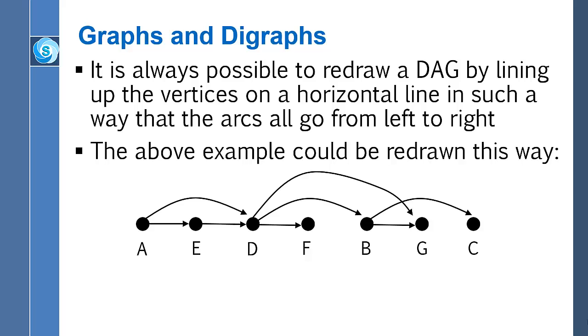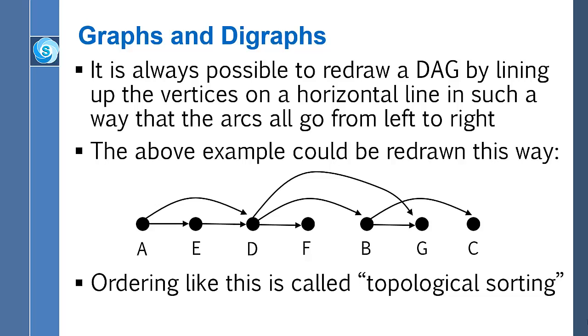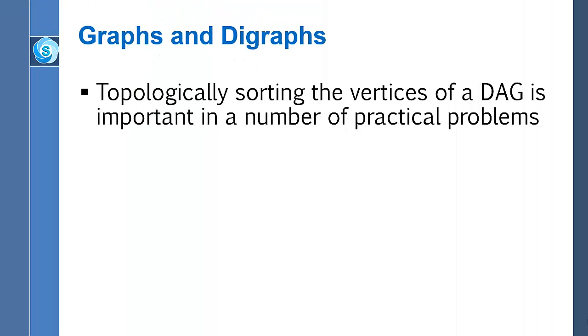As you notice, all of the arcs are now moving from left to right. When you've drawn the DAG in this way, it's said to have been topologically sorted. I have no real conception of where that language comes from. I'm not particularly thrilled with it, but that's what it's called. There are quite a few real-world problems where topologically sorting a DAG is a useful thing to do.